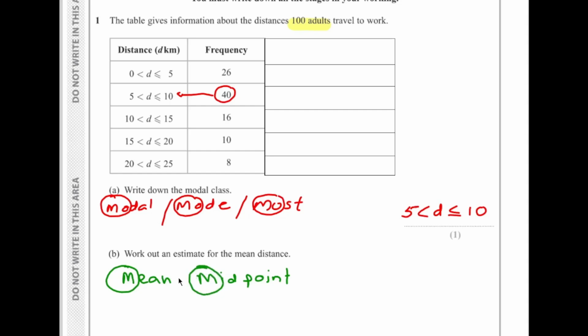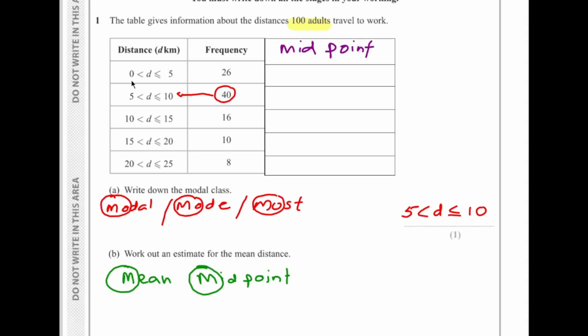So hereafter, if you are getting confused about when to get the midpoint, whether it is for the frequency density, a frequency polygon or a histogram, no, it is not like that. It is exactly for the mean, because midpoint starts with M. How do we get the midpoint?